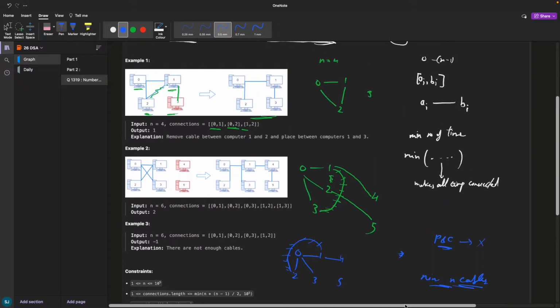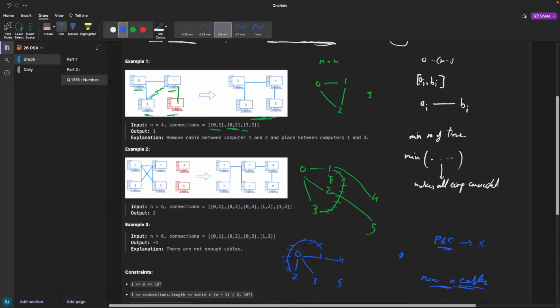So let's try to create a hypothesis from this, because n is equal to 6 and we had 1 2 3 4 5, right? When n was 6 and cables were 5, you could have done with just 2 cables.